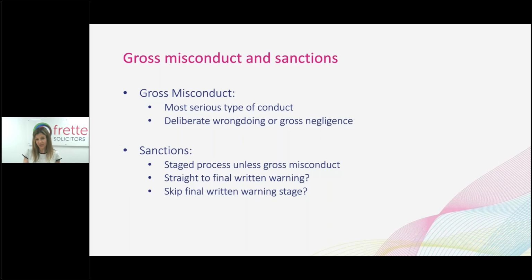So it may be risky to move straight from a written warning straight through to dismissal, skipping the final written warning stage. You would have to look at the situation carefully and consider if the conduct is sufficiently serious to skip the final written warning stage.